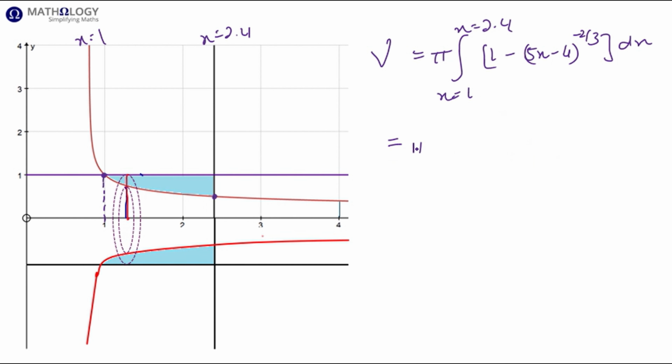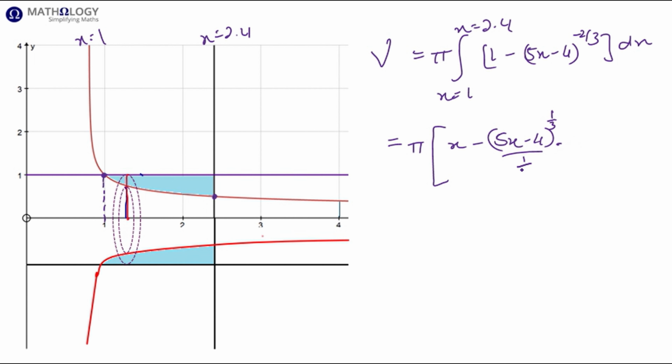Integrating the expression gives us pi times, integrating 1 with respect to x is just x, minus the integral of 5x minus 4 to the minus 2/3. We add 1 to minus 2/3, which gives us a third. We then divide by a third, so we're multiplying by 3.